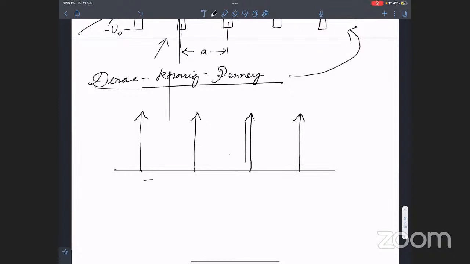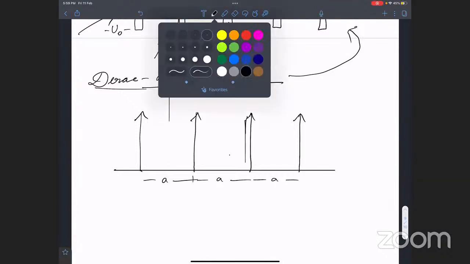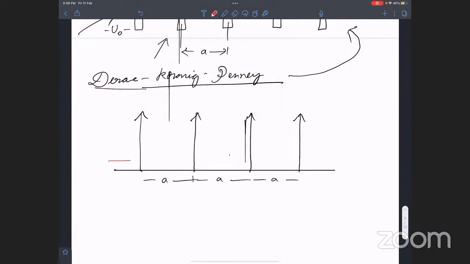These are deltas, okay, located at a distance of A. And he said, now in this situation, let us solve the Schrodinger's equation, and let us see what kind of wave functions we'll get, and what are the eigenvalues in such a scenario.